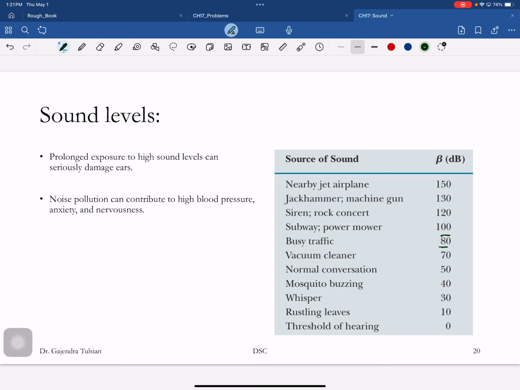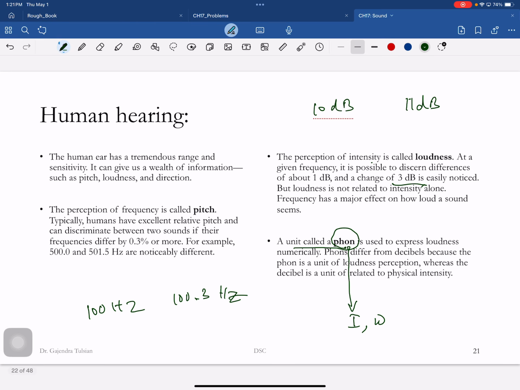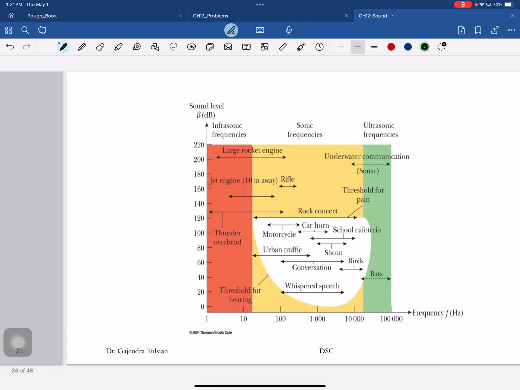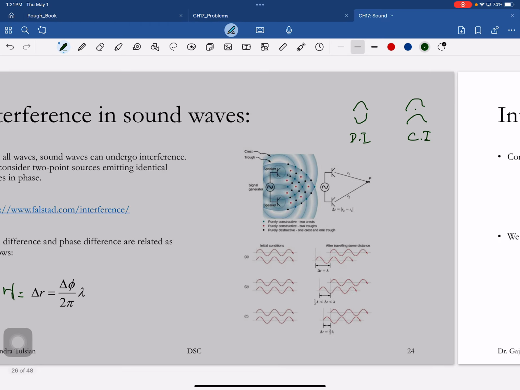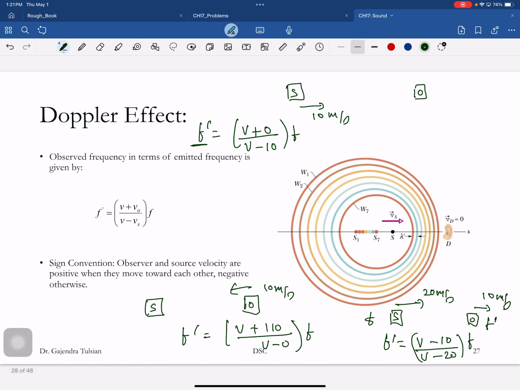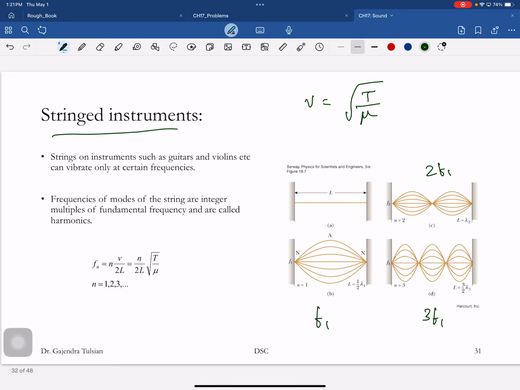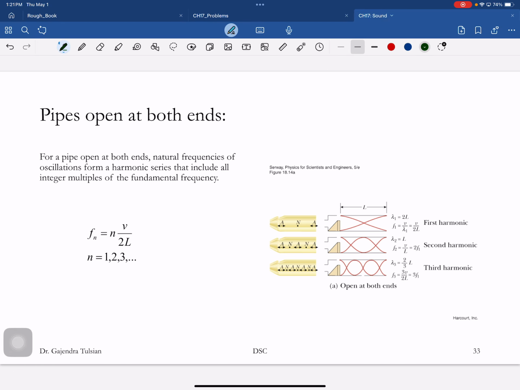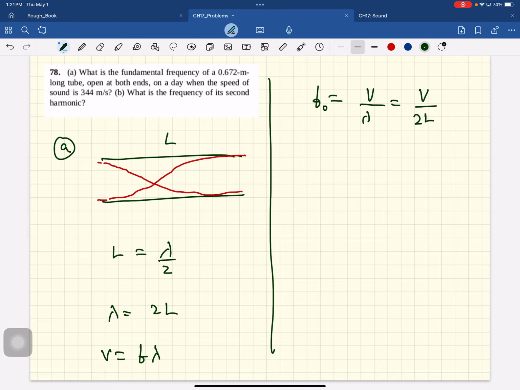So when you're solving problems, here are the formulas you use. This author is calling the fundamental F1, so we'll call it F1.